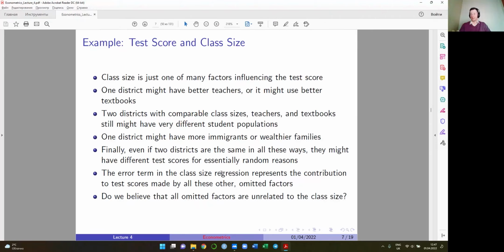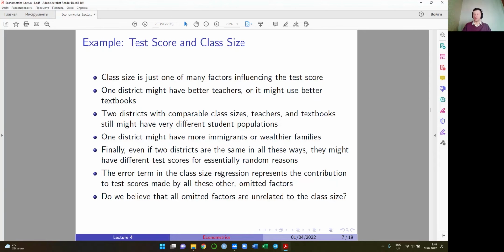Because practically we somehow discussed that it is possible that wealthier districts might have wealthier families living there and smaller class sizes, but still these are just our assumptions. First of all, we need to verify this somehow, and if we are able to verify these assumptions, and if we are able to conclude that assumption number 1 fails, then we need to solve it somehow.